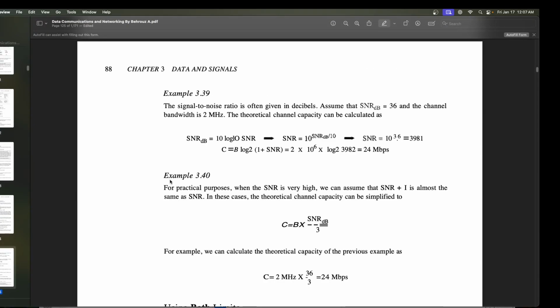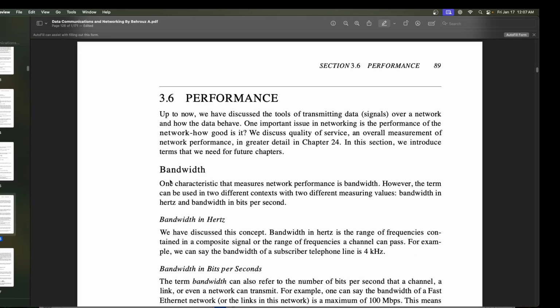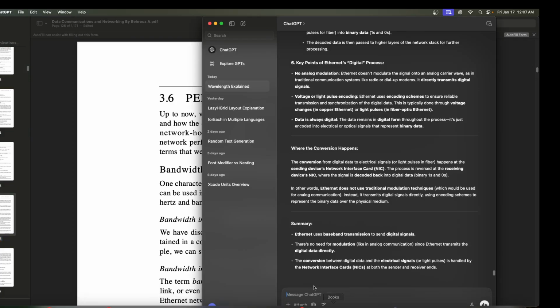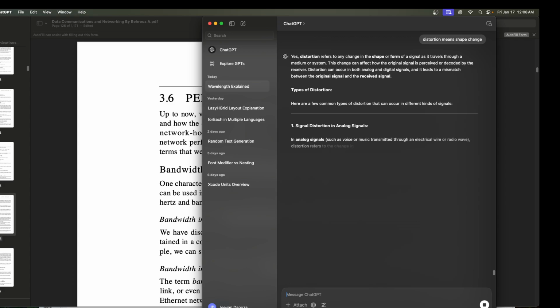Noise and distortion are kind of the same. Once they travel, they have this electromagnetic thing, right? Distortion means shape change. Yeah, distortion is basically change of shape.